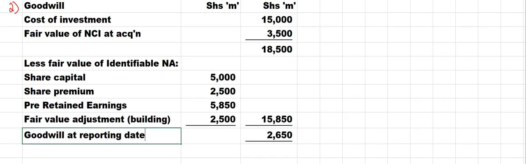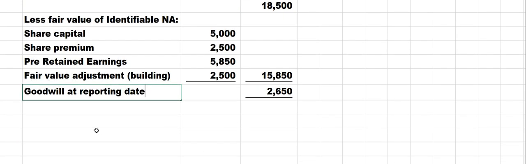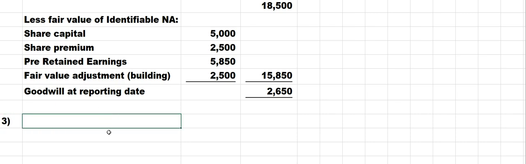That's the building. I'll do a working, that will be my working 3, about the post-acquisition changes on that building. So this is working 3, fair value adjustment, brackets, the building.